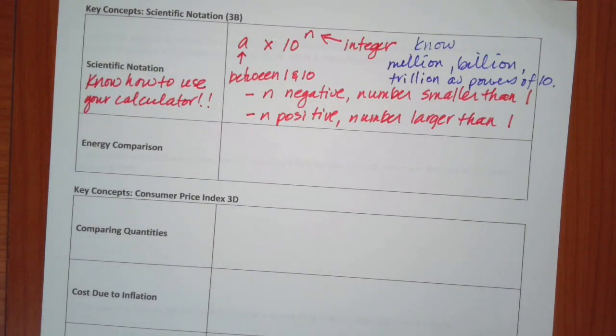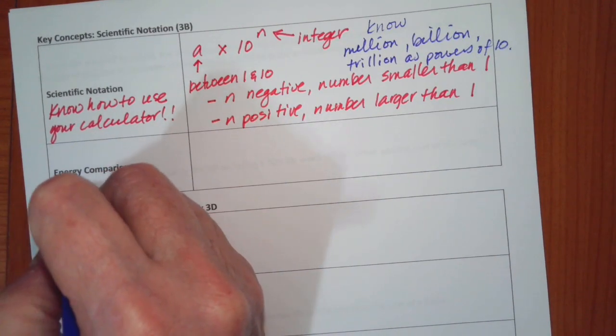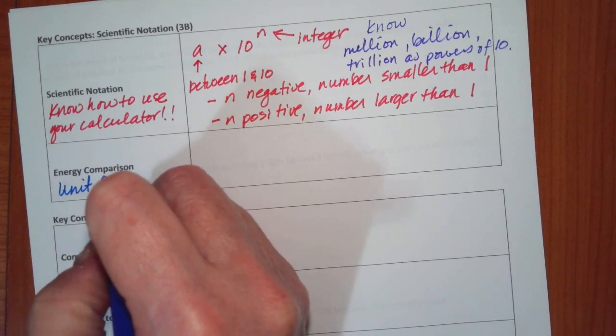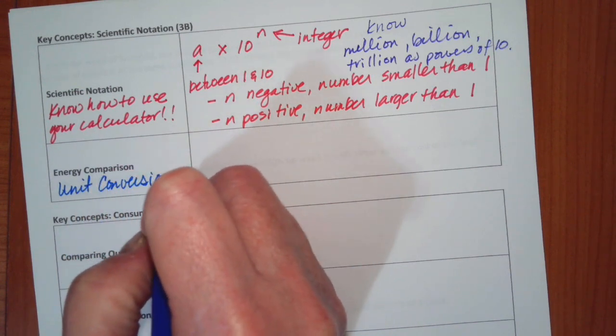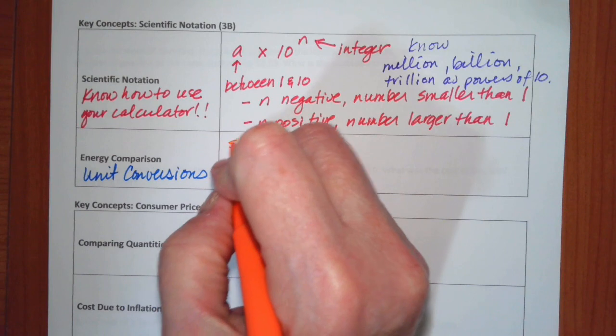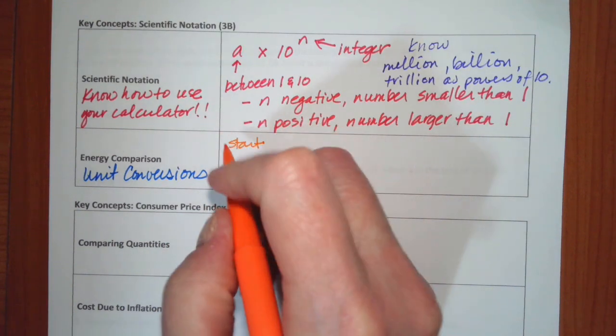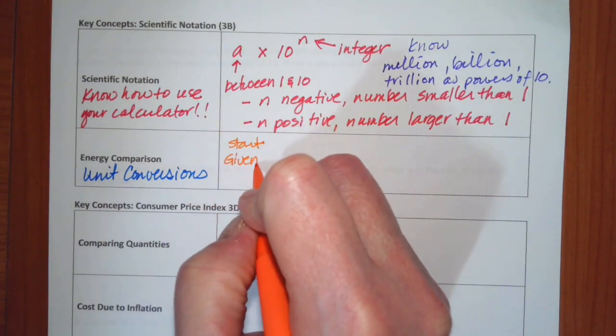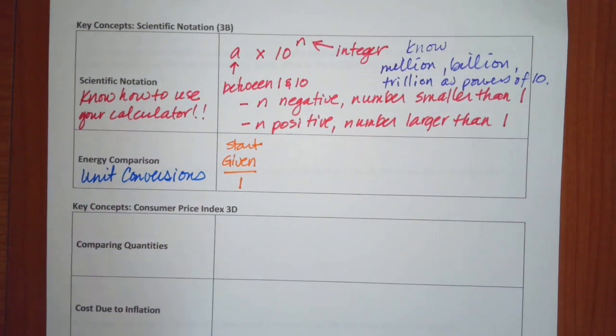Once you understand how to read the table, then the easy part of this is you're just doing unit conversions. And your unit conversions is from unit 1, where you know you have equivalent fractions. Okay. So you are going to start with the given information over 1.